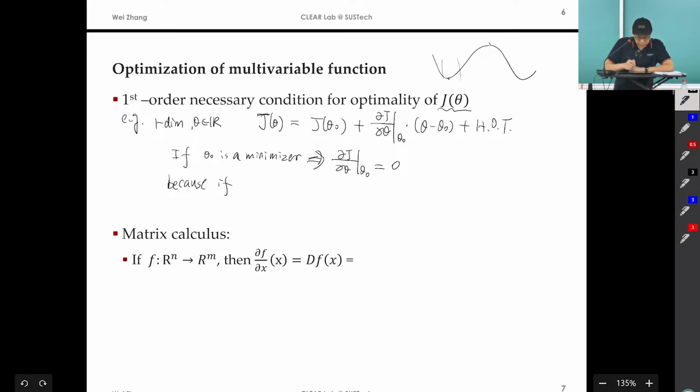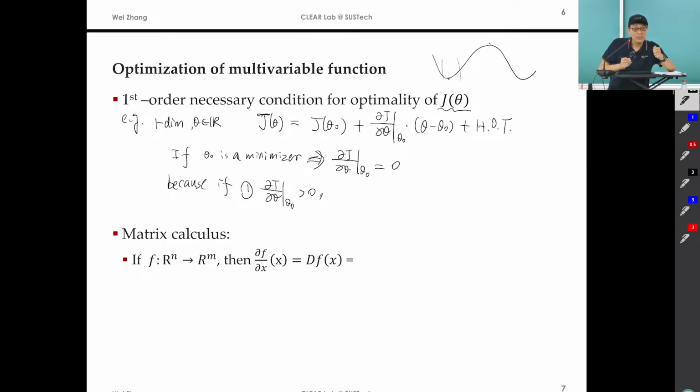If not, there are only two cases, either bigger than 0 or smaller than 0. Say partial J partial theta at theta 0 is bigger than 0. Then theta 0 cannot be an optimizer. Why? We can always find a better solution.